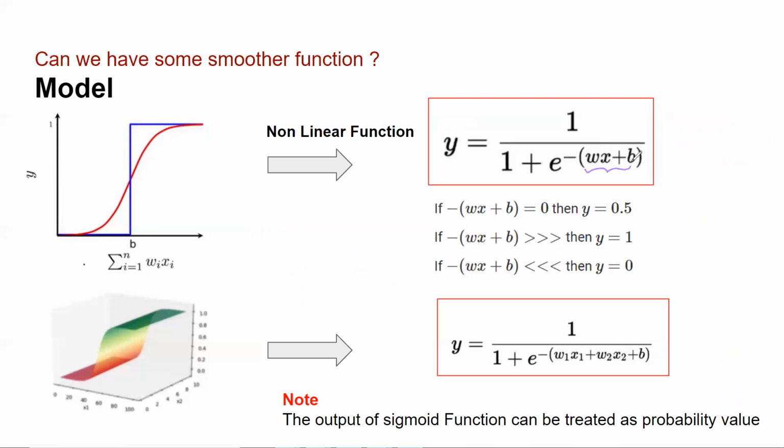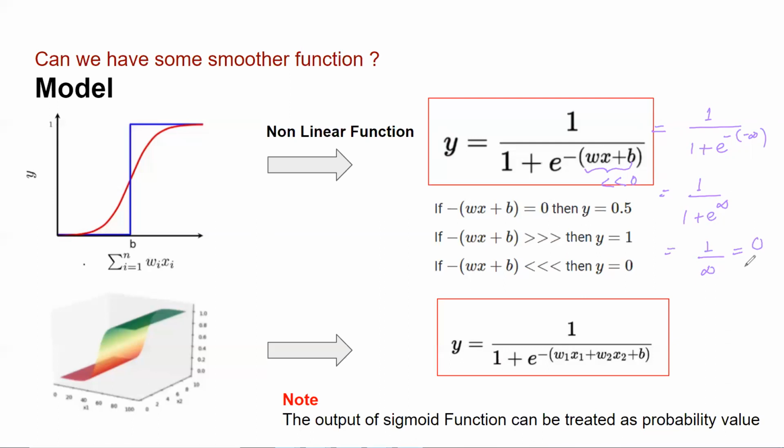When this is a very, very small value, let's say minus infinity, then it is 1 upon 1 plus e raised to minus of minus infinity, right? 1 upon 1 plus e raised to infinity. The denominator will be a huge number. So 1 upon infinity is equal to 0, right?